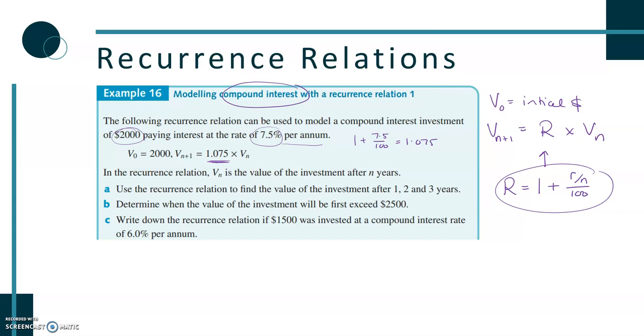Again, we can do that in our calculator. Part B, the value when it will first exceed 2,500. Again, very similar to the last example we did in our calculator. And then part C, writing down a recurrence relation if $1,500 was invested at a compound interest rate of 6% per annum. So we'll pop to our calculator to do the first 2 and then come back and do part C.